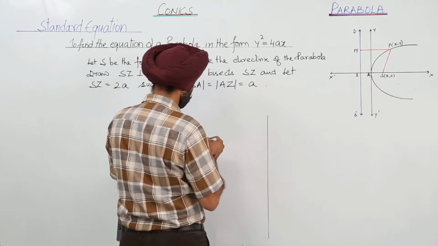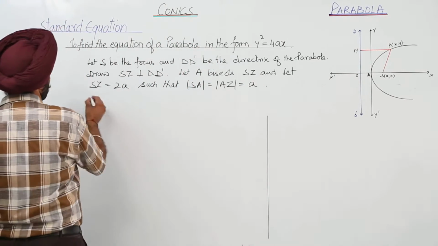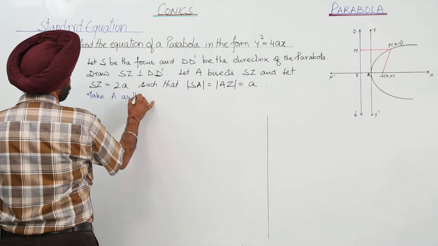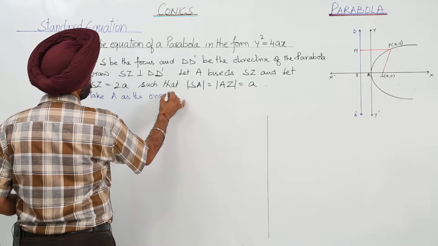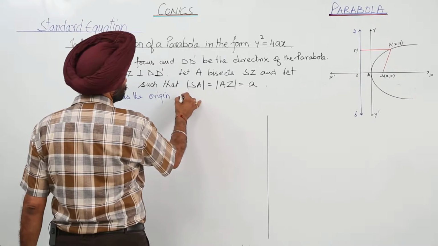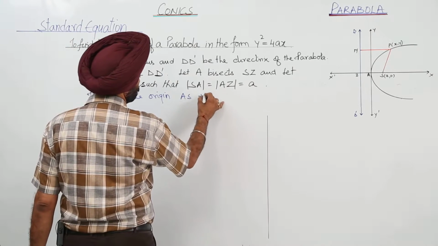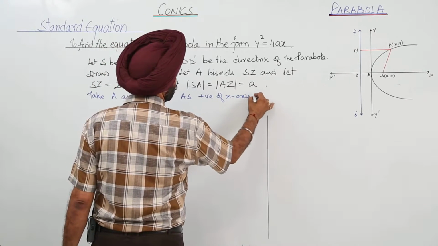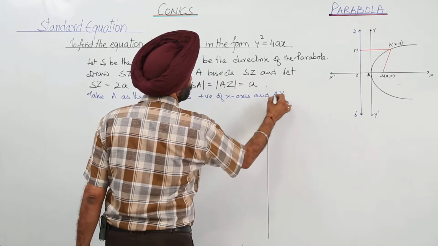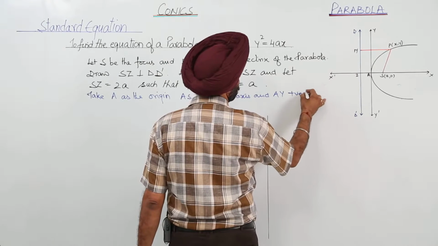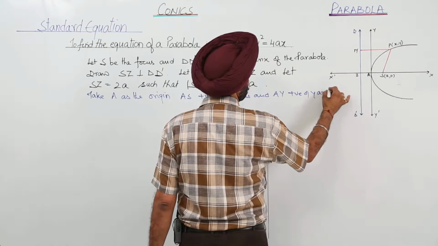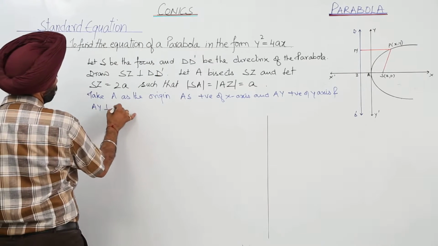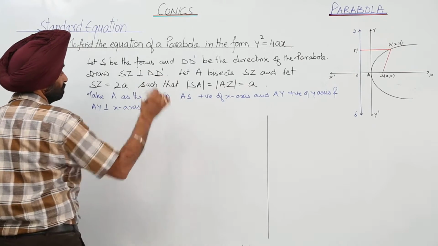Now take A as the origin. Take AS as the positive x-axis and AY as the positive y-axis, with AY perpendicular to the x-axis. Is it clear?